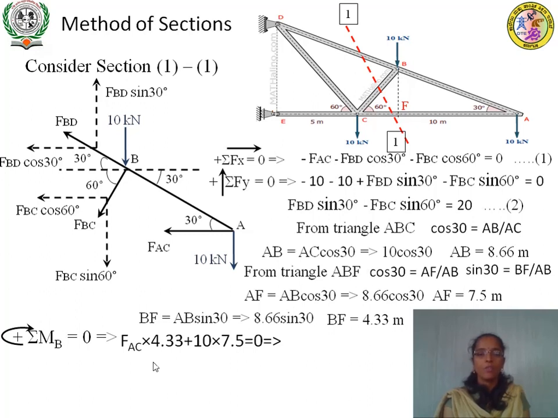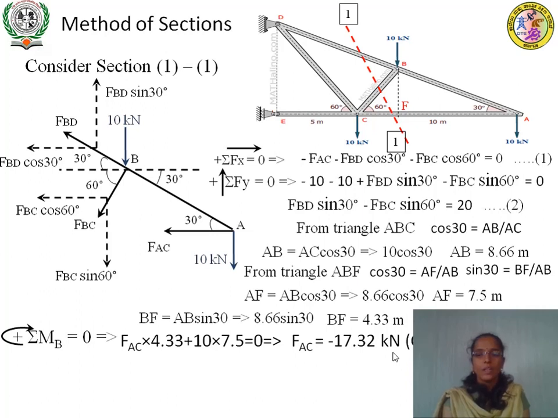Therefore FAC into 4.33. Next, this 10 kilonewton is also inducing clockwise moment about B. So 10 into this perpendicular distance AF. AF is 7.5 meter. So 10 into 7.5 meter, that is equal to 0. Hence if you calculate the force in member AC, it will be equal to minus 17.32 kilonewton.